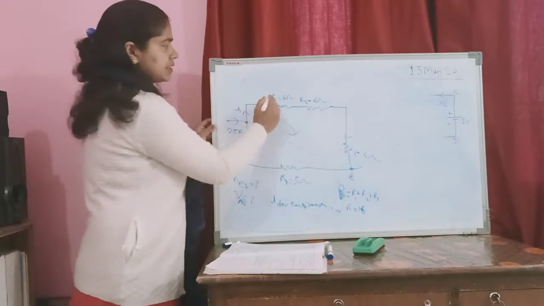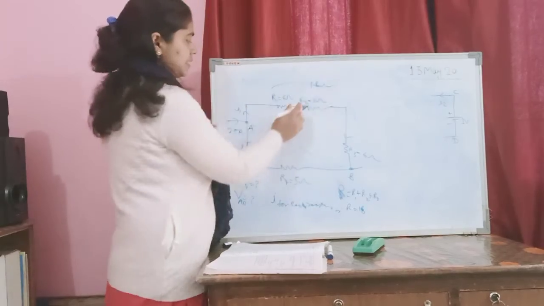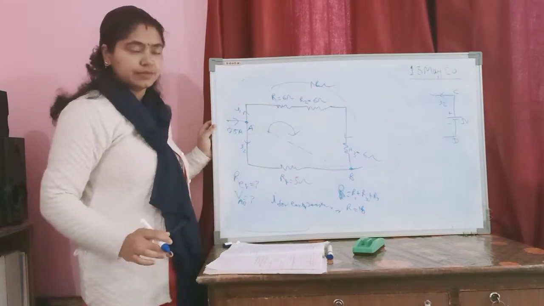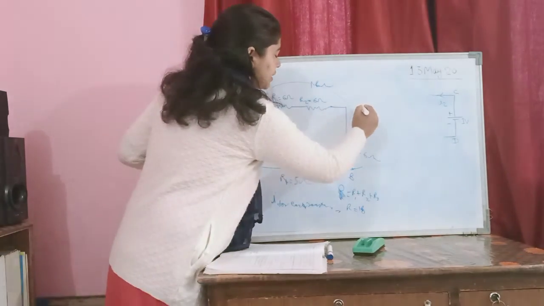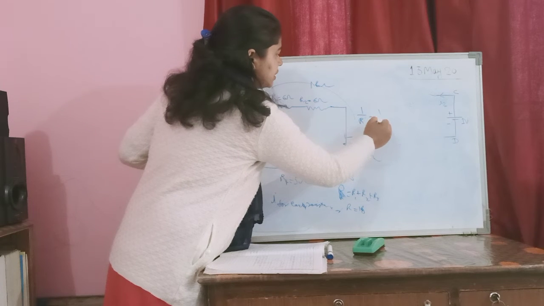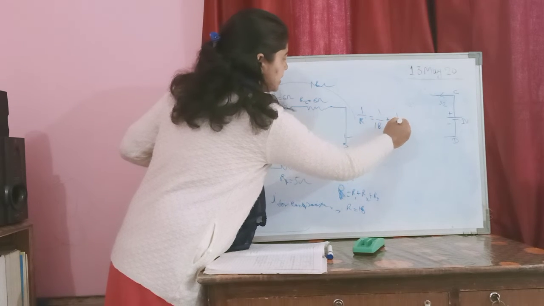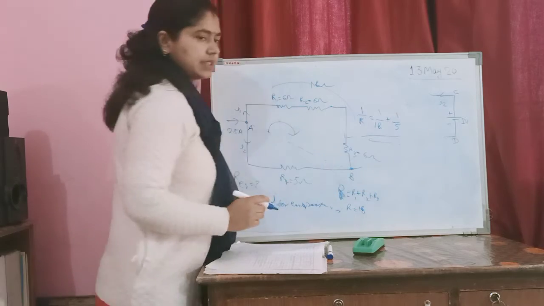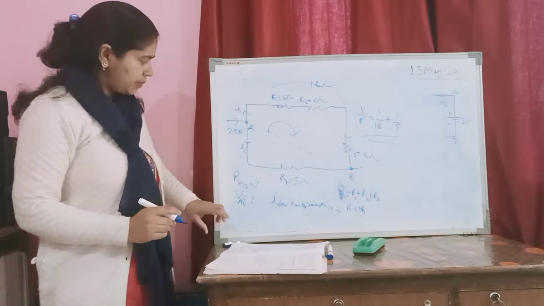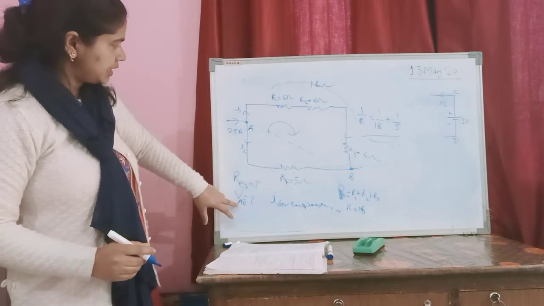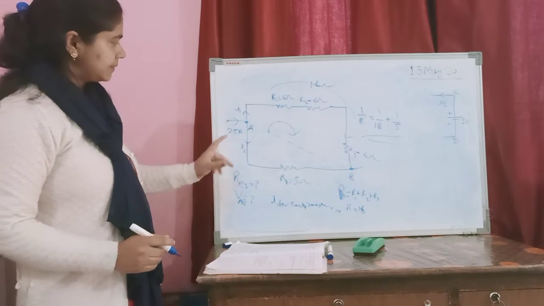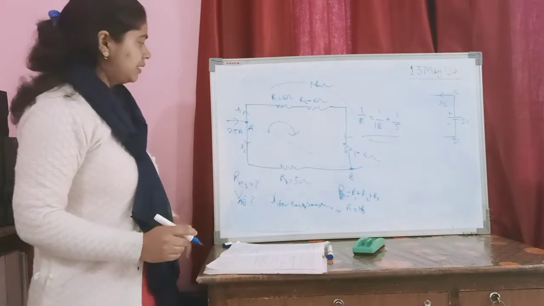Then this combination of 18 ohm is in parallel with this 5 ohm. So the equivalent resistance: 1 upon R dash equal to 1 upon 18 plus 1 upon 5. Then we can solve it. Another thing we have to find is the potential difference between A and B.